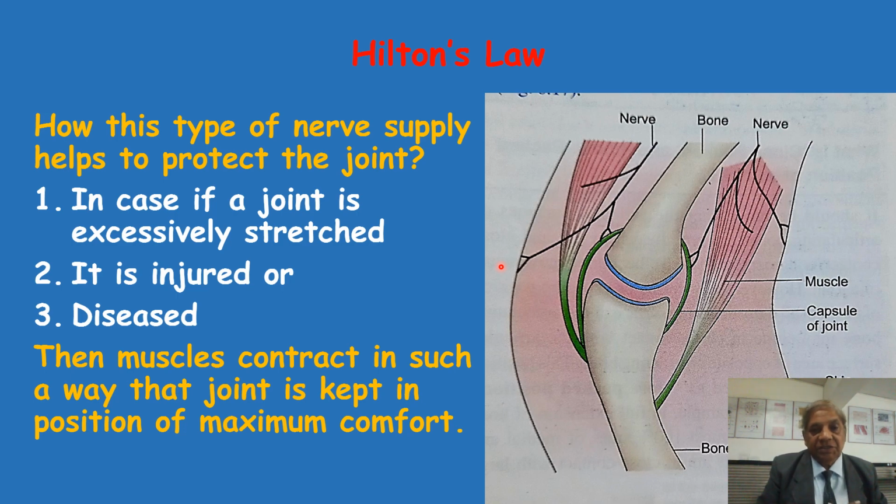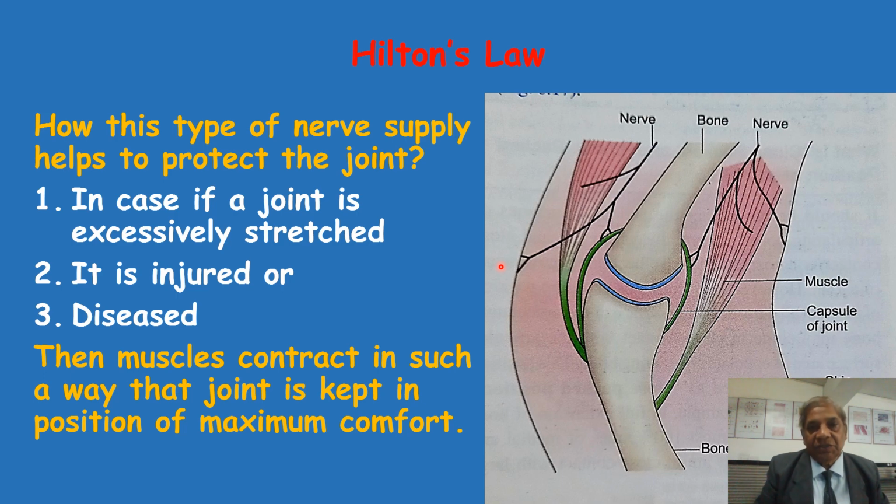So the joint is kept in such a position that the patient feels the maximum comfort. That is the utility of the nerve supply to a joint and to the adjacent muscle and to the skin, that you keep your joint in the most comfortable position so that you feel less pain during a sprain or during an injury or during osteoarthritis.